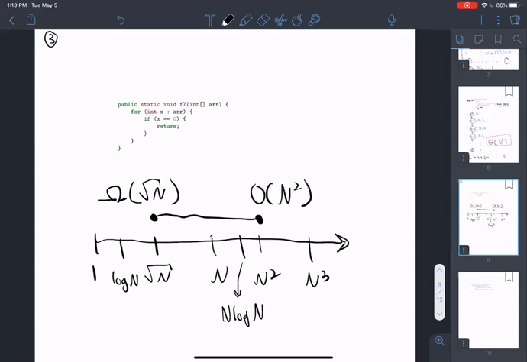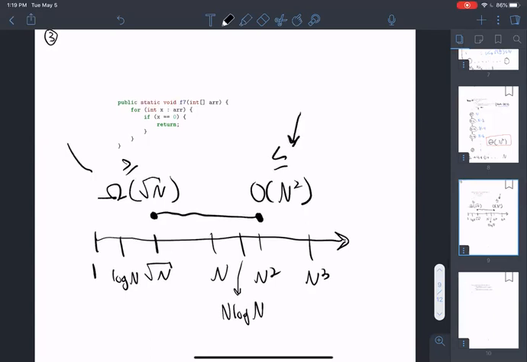You can think of this as a greater than or equal to, and this as a less than or equal to. So it basically bounds the runtime. That's the idea that you can't quite pinpoint it, so instead you want to find these two bounds. And the way you find these bounds is you look at the best case for this one and the worst case for this one. Does that make sense?